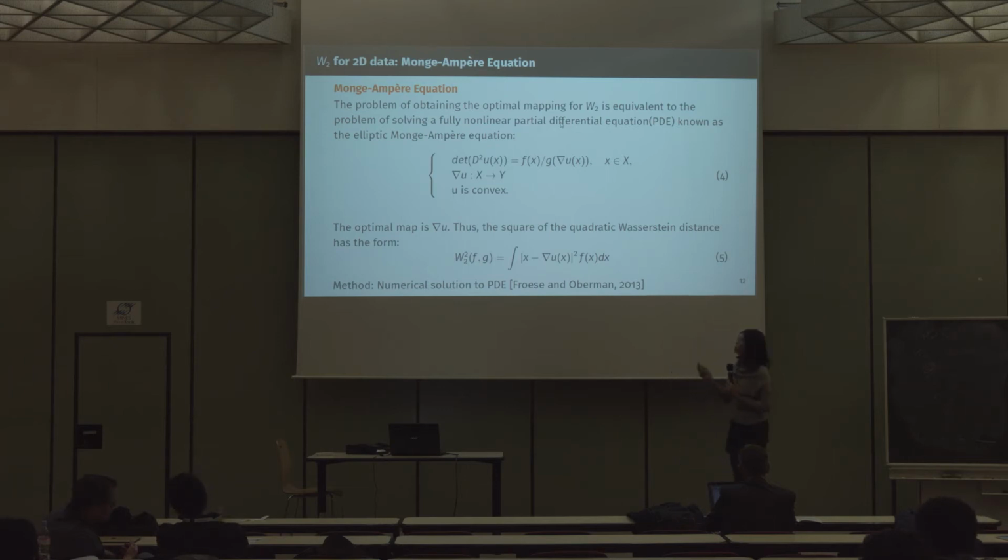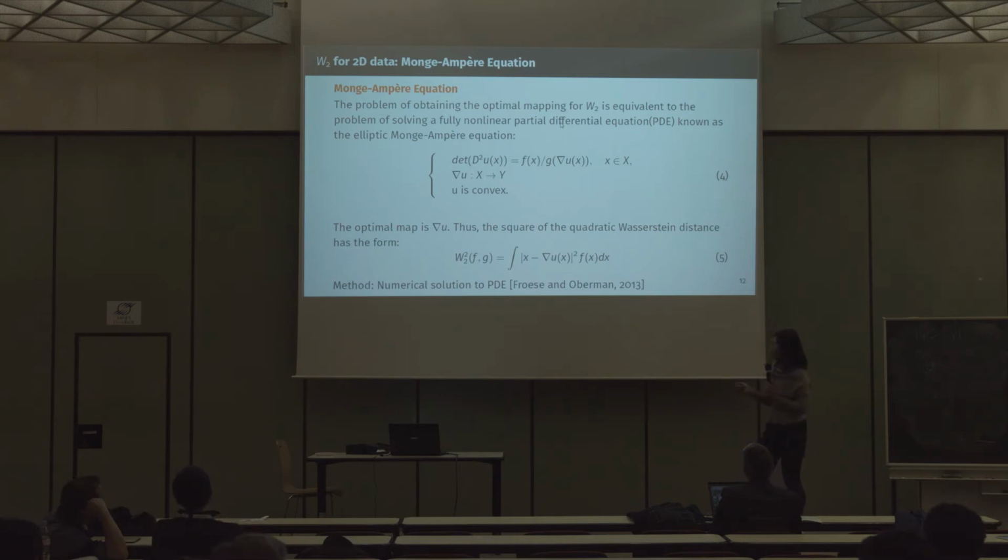If we solve this Monge-Ampère equation and get the solution u, then the optimal map between f and g in the W2 sense is just the gradient of u. So we can explicitly compute the Wasserstein distance. This is a highly nonlinear PDE because we have a determinant of the Hessian on the left, and on the right-hand side we also have g in the denominator. Both of them are numerical challenges.